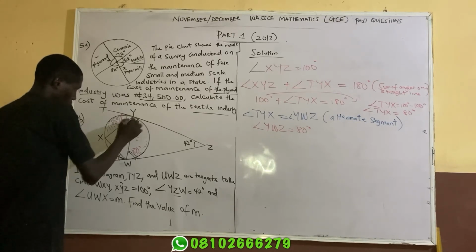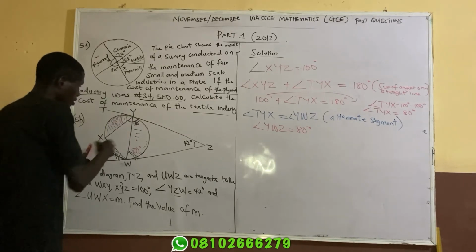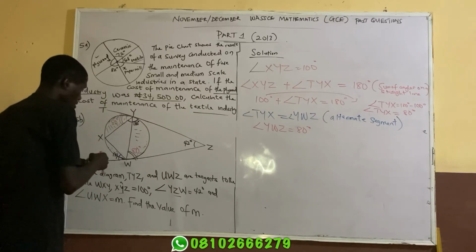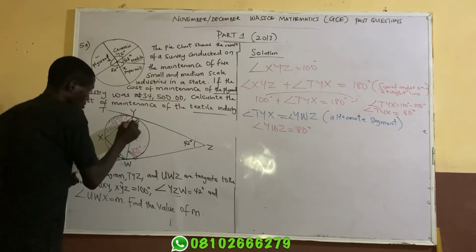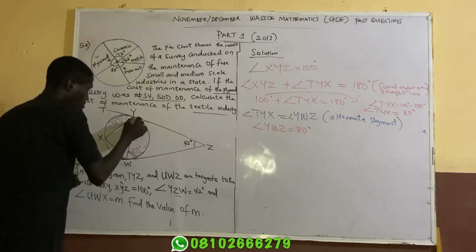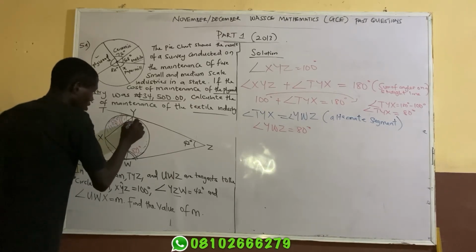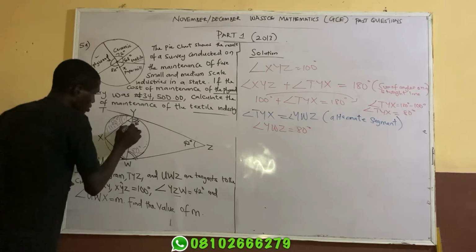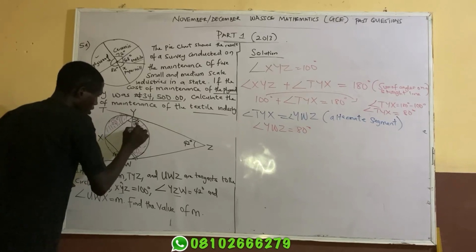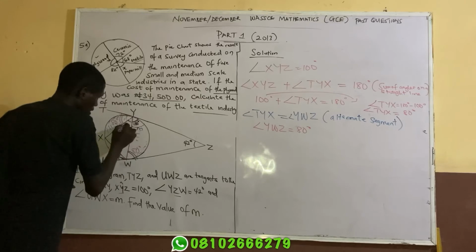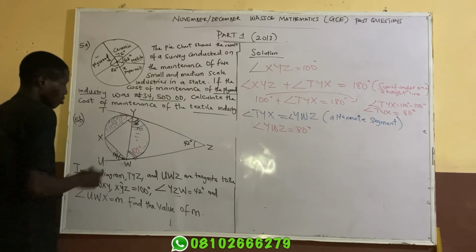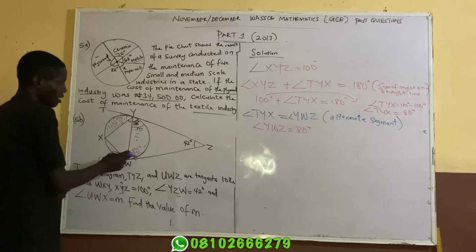From here to here itself is 100, but from here to here is M. Meaning that the whole angle here is M. Let me bring it out very well. The 100 is from here to here. So we have M here, we have 80 here, we have 52 here.